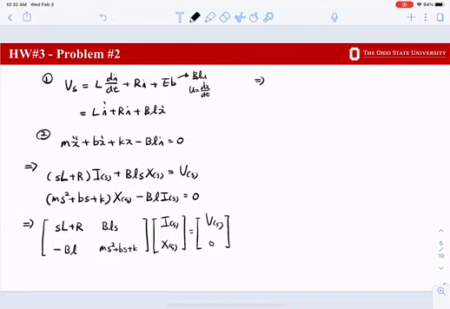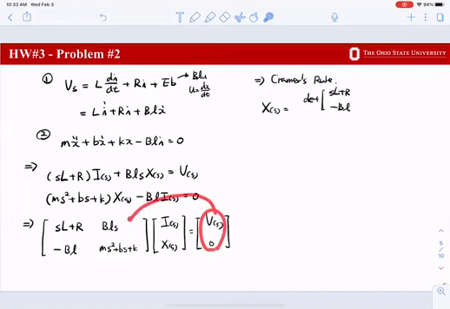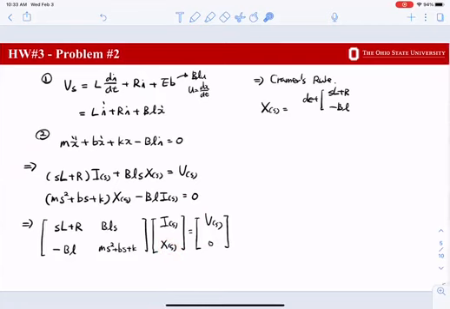So you can try Cramer's rule. X(s) equals the determinant with sL plus R and minus BL, where you plug Vs and 0 into the second position because you want to get X(s), over the determinant of the matrix.